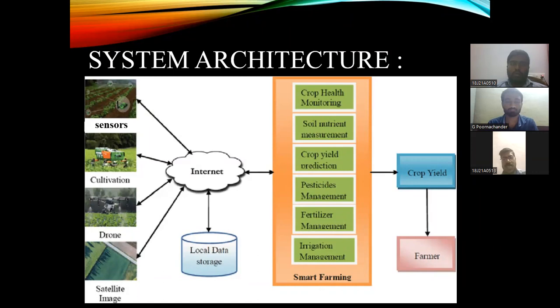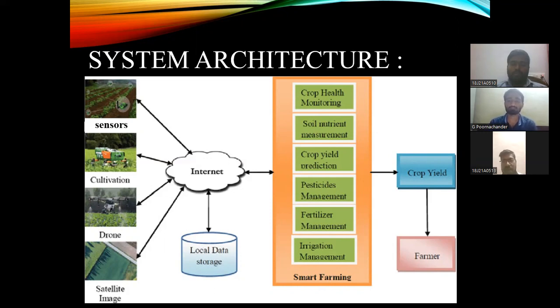System architecture. In the system architecture, we use various types of components like sensors, cultivation, drones, and satellite images. By using sensors and drones, we send those images through the internet and they store those images in local data storage, by which we can tell the farmer about smart farming.